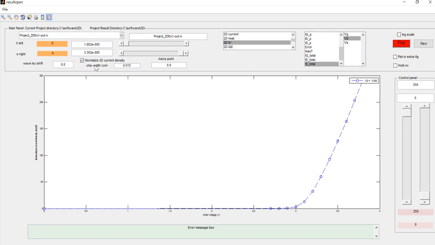You will think the current density is smaller than it really is. If you don't normalize, amp per centimeter, the range usually is from 0 to 10. 10 is already a very high current density. So it's like this.